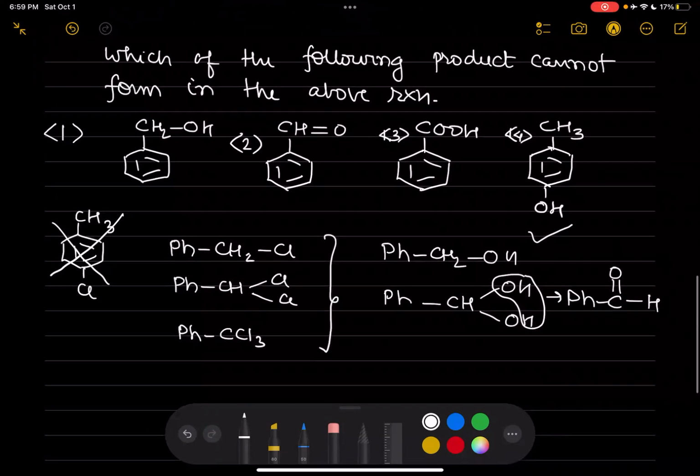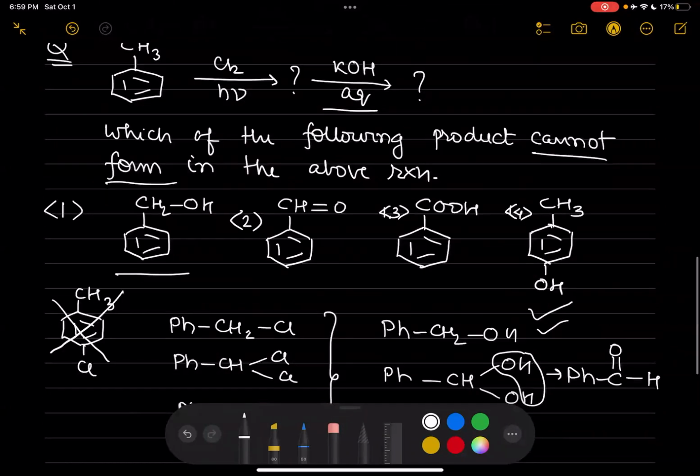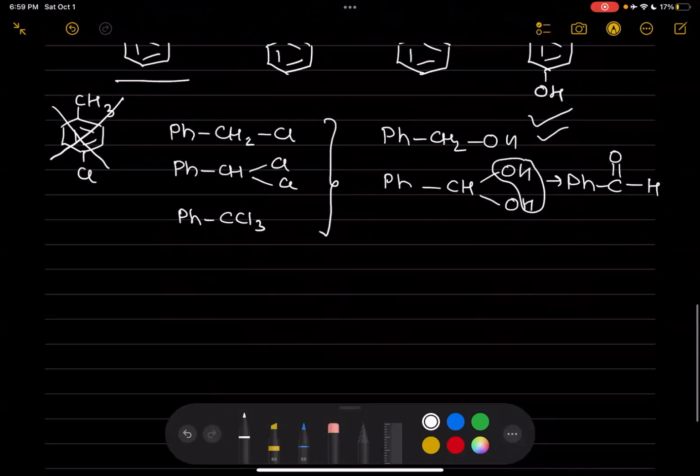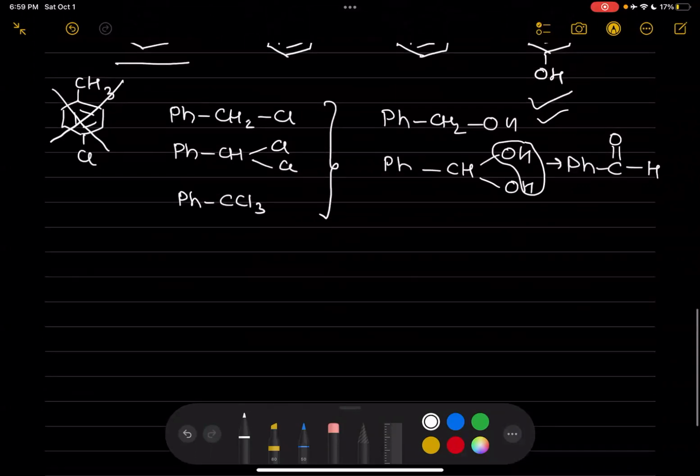No, benzaldehyde can also form, so the first option is also possible. I'm asking which of the following products cannot form in the above reaction. So this can also form. And suppose you have PhCCl3, that could have formed.